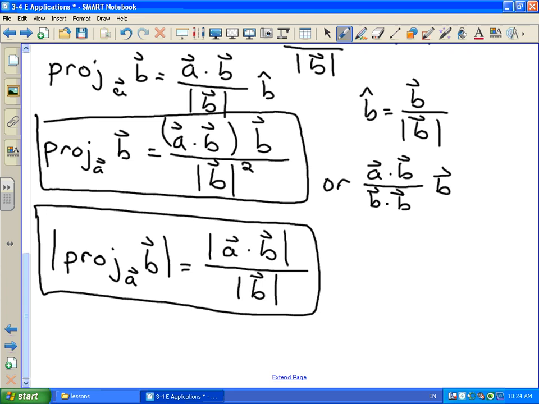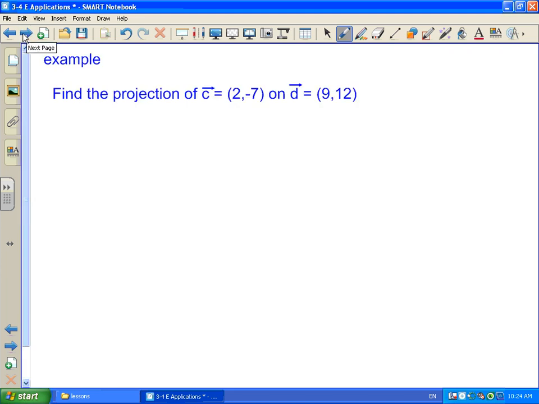So let's take a look at an example here. We got two vectors. Vector C, which is 2, -7, and vector D, which is 9, 12. We want to find the projection of vector C onto vector D. Right. So we're going to need that formula that we just developed.